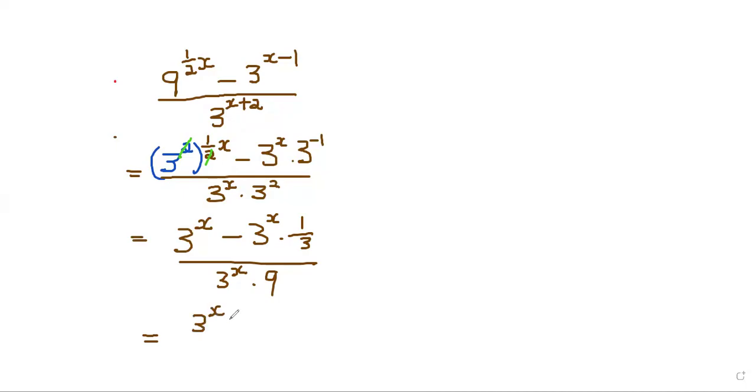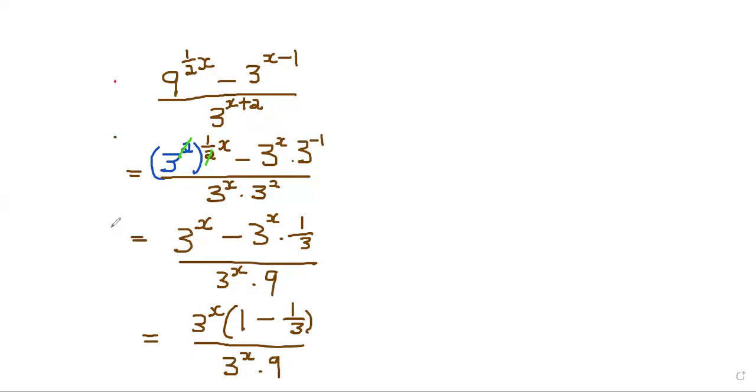I write 3 to the exponent of x into, then I will be left with 1. So that when I apply the multiplication law, 3 to the exponent of x times 1, that is going to be 3 to the exponent of x, right? And then I'm going to say minus, that will be 1 over 3. Reason being, I've taken 3 to the exponent of x as my common factor. And I'm going to say divide by, here I'm going to say 3 to the exponent of x multiplied by 9.